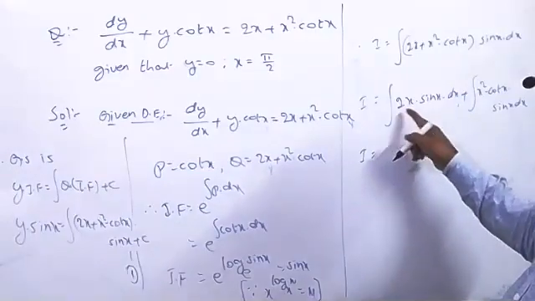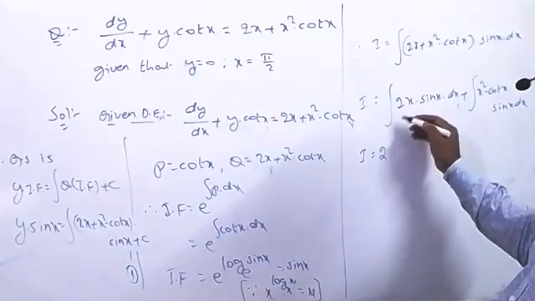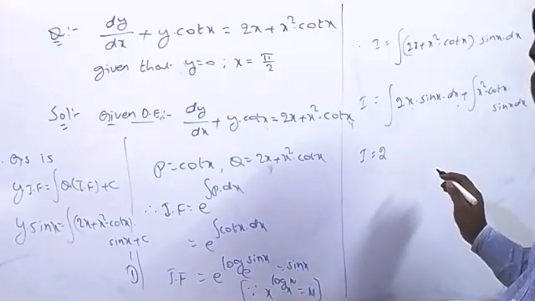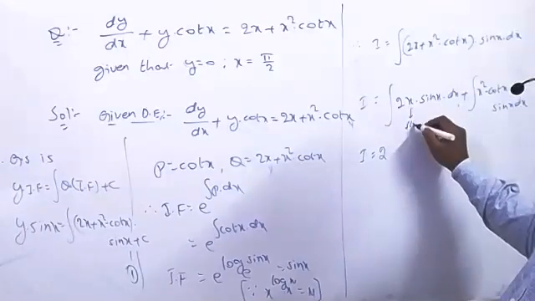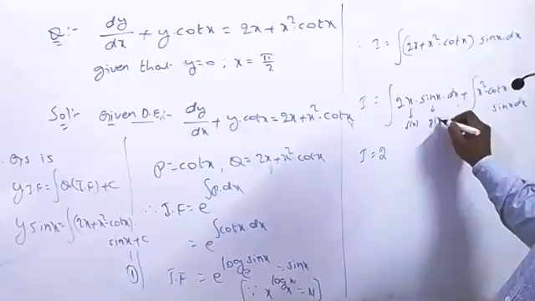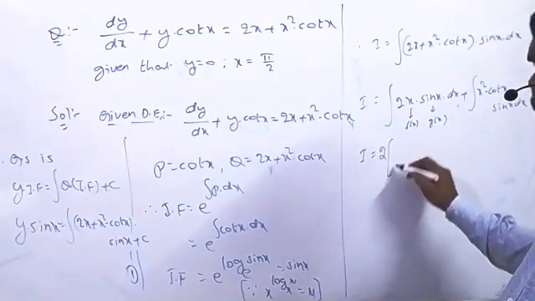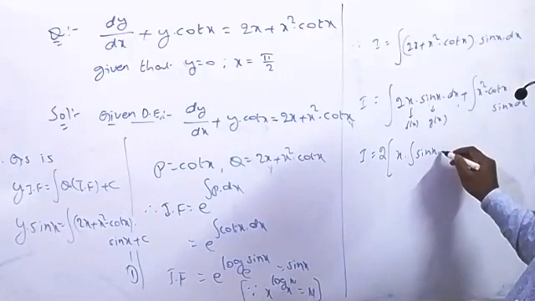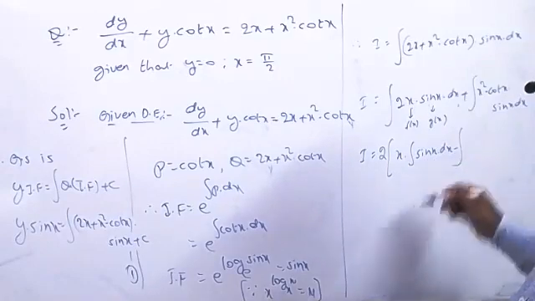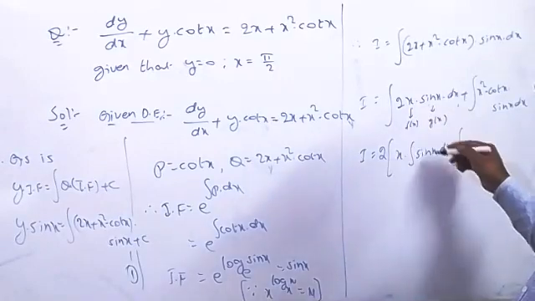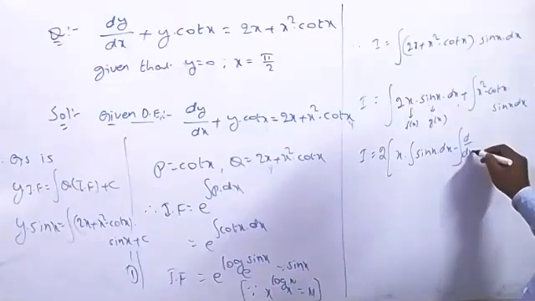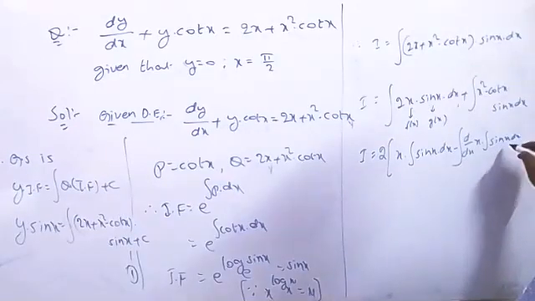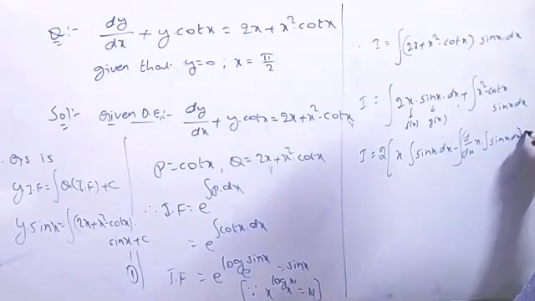So the value of I is equal to, for this one clearly 2 is the constant, you can take outside, apply by parts method. So f of x and g of x you can take. This is the f of x, and this is g of x. So 2 into x into integration of sin x into dx minus integration of d by dx of x into integration of sin x into dx, whole into dx is the first one.